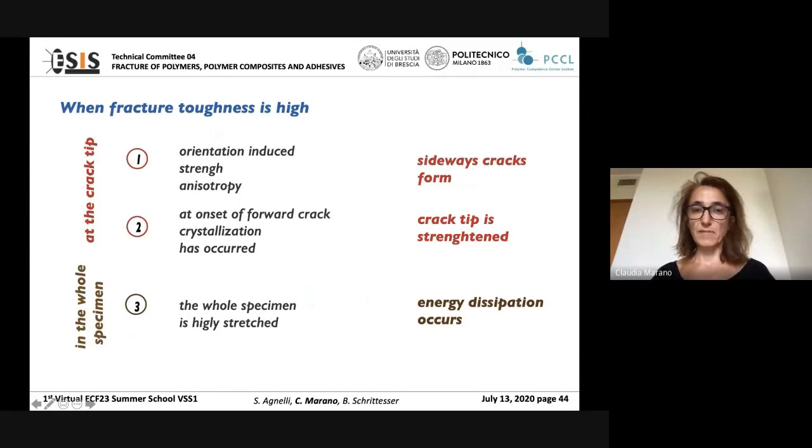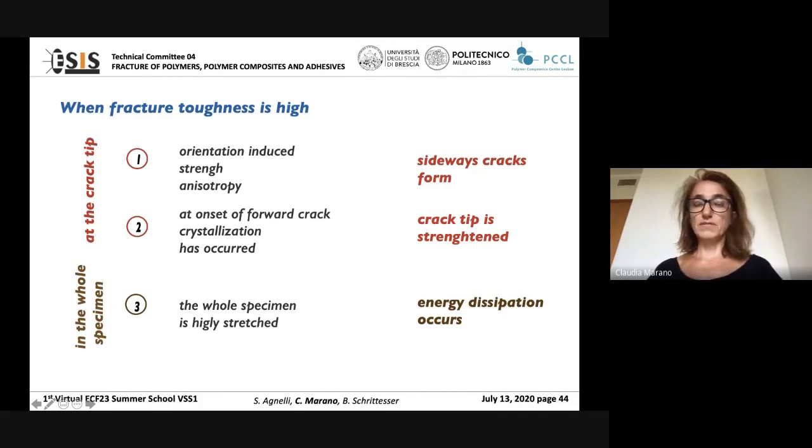We can say that with these materials, fracture toughness is high when at the tip of the crack, the orientation of the material is enough to give rise to the formation of sideways cracks, and there is a possibility of the material to crystallize at the tip of the crack, that allows a strengthening of the material at the crack tip.